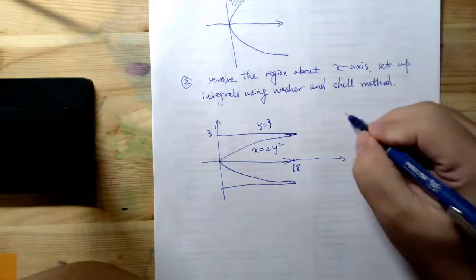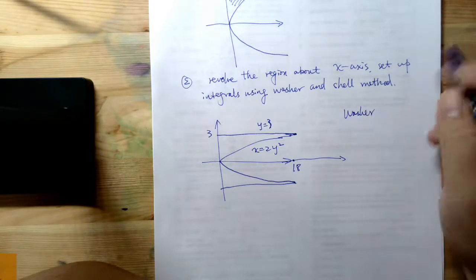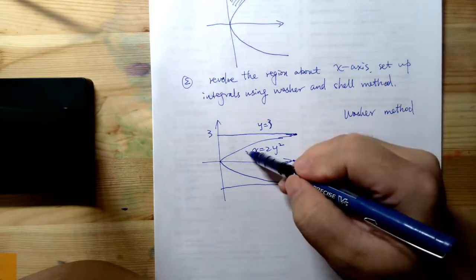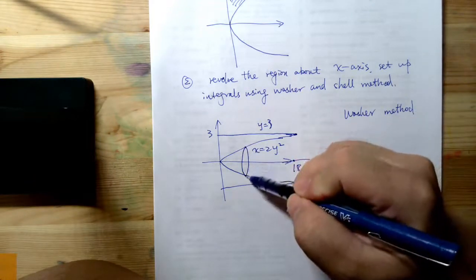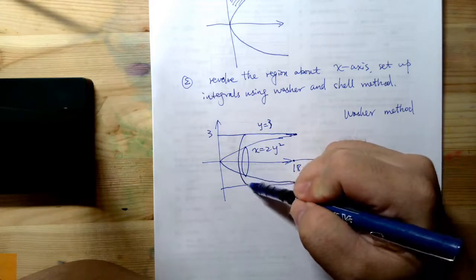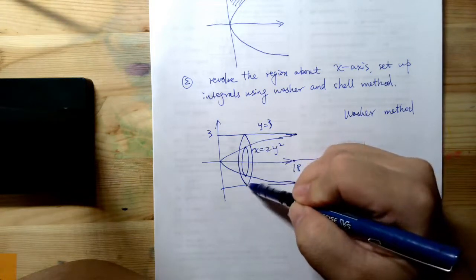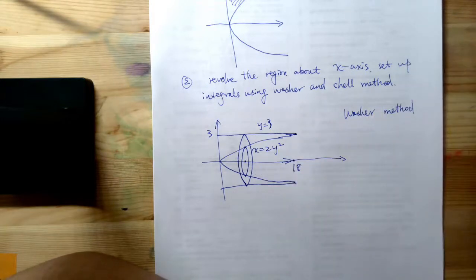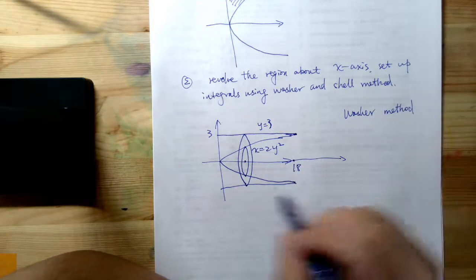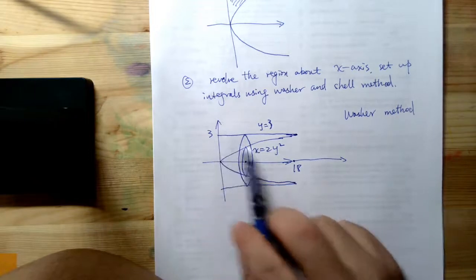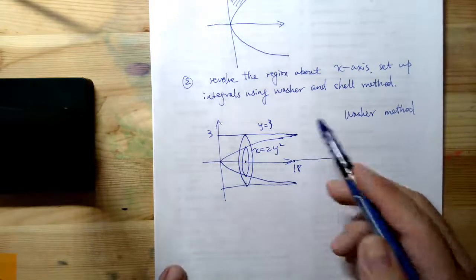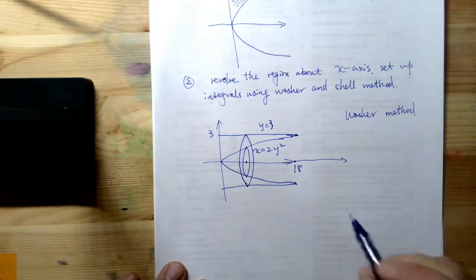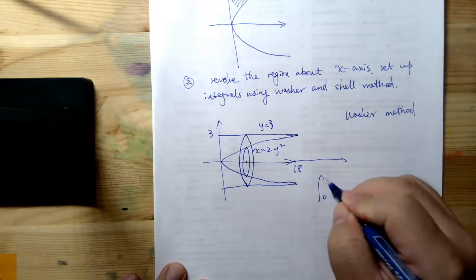All right. So first, let's use the washer method. And you can see that if I draw that, this is one of the cross sections I can formulate. Since this cross section is perpendicular to the x-axis and it's moving from 0 to 18, our washer method is going to be from 0 to 18.